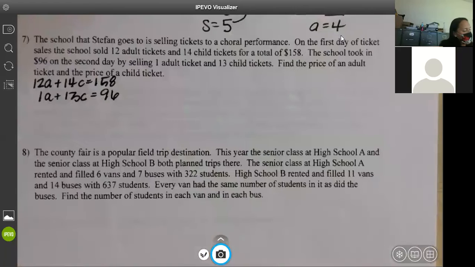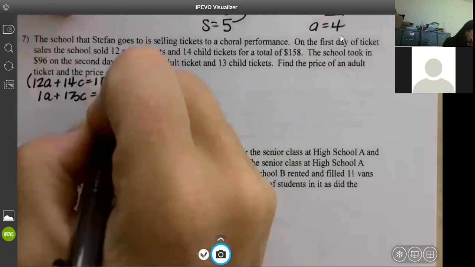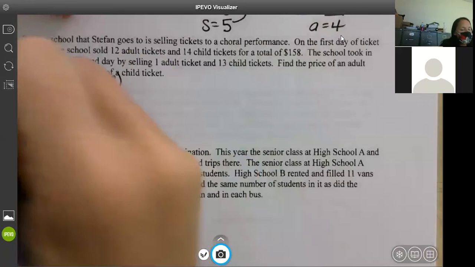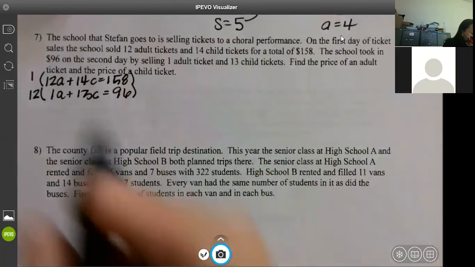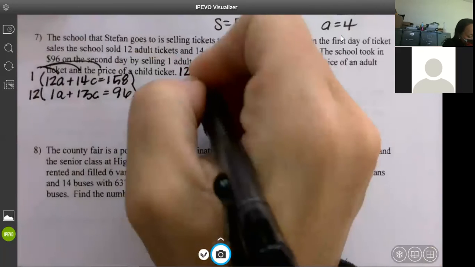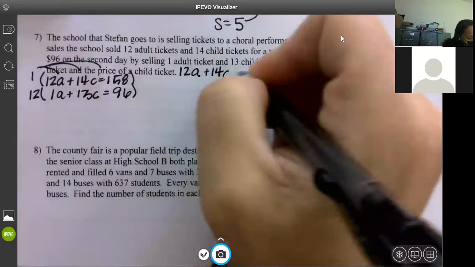Nothing looks alike, so what do I do? Switch. This is going to get the 1, this is going to get the 12. We're going to distribute 1 times 12A. 12A. 1 times 14C. 1 times 158.